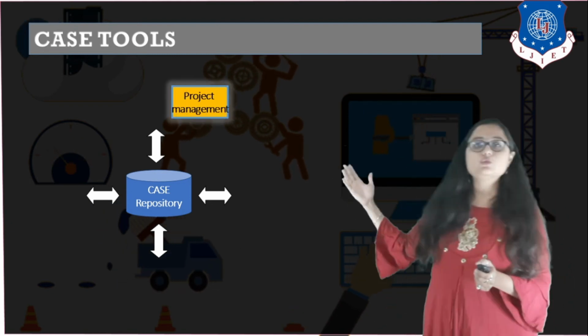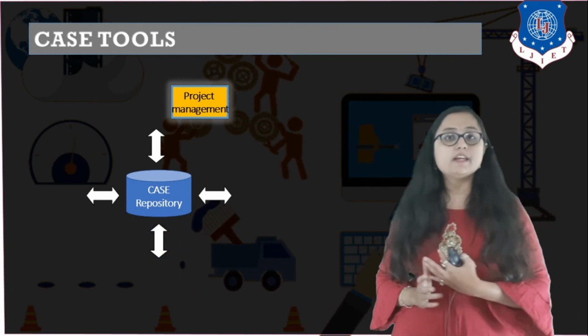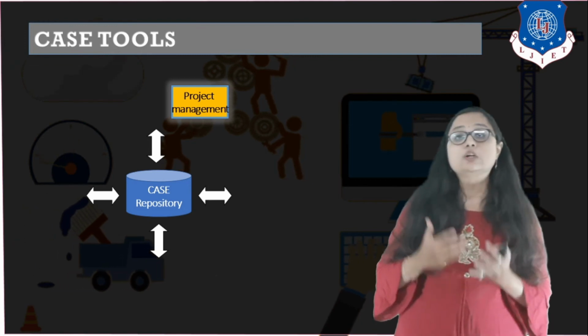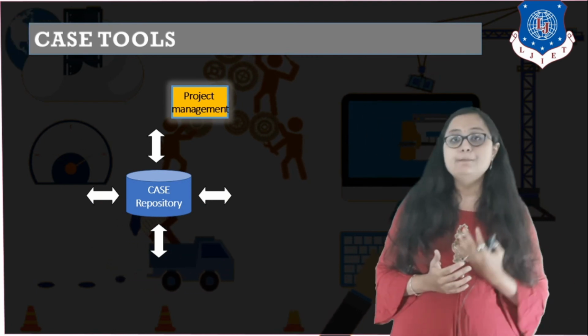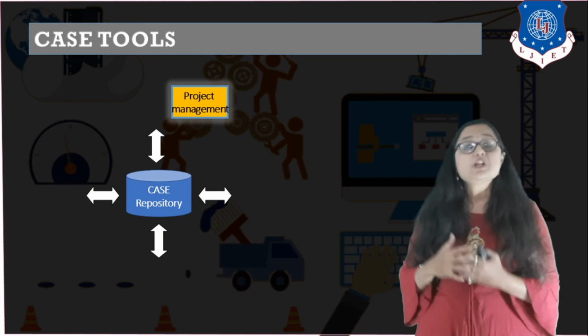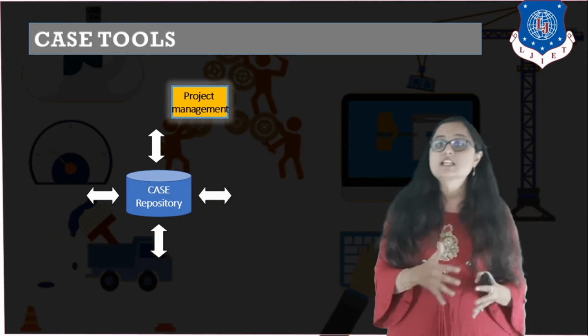So the first tool is the project management tool. In a project management tool, you are able to create a project, and you are able to create the tasks that are included in your project, right? You are able to select any process model. For example, if you are using the incremental model or the spiral model, you are able to assign an individual person to the task that they will perform.